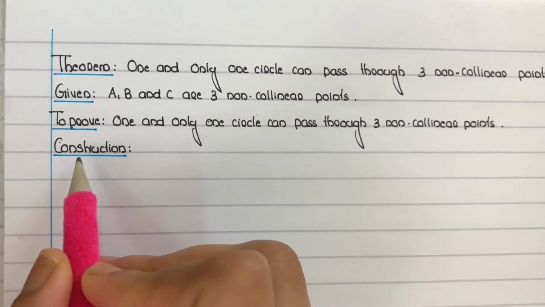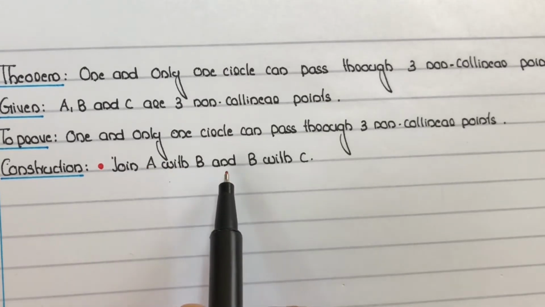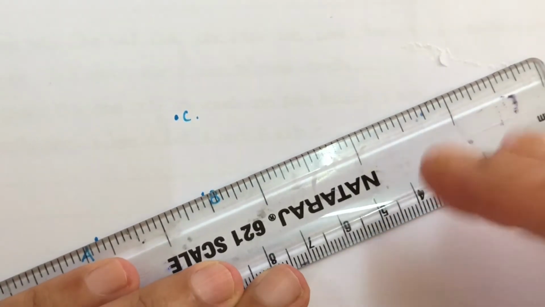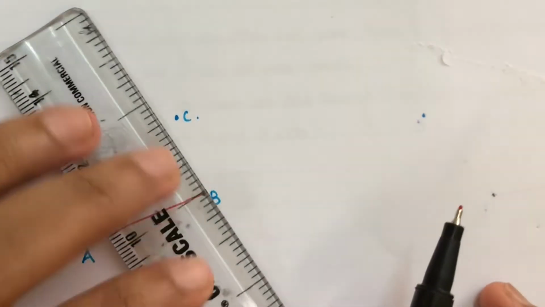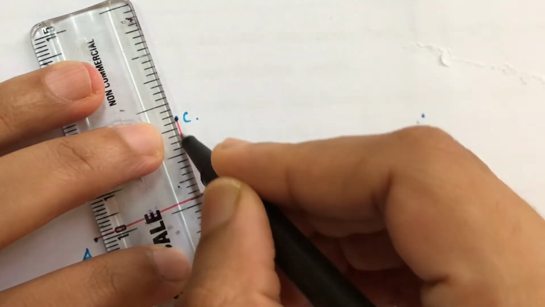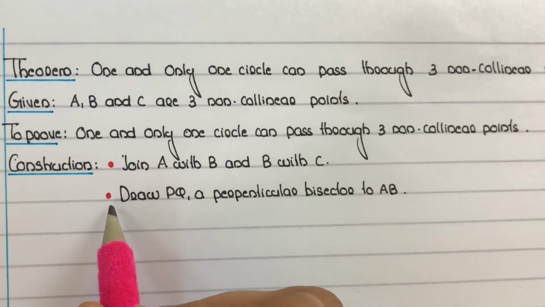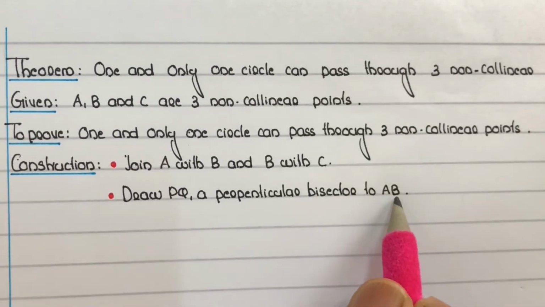Next step, construction. First, join A with B and B with C. Second construction, draw PQ, a perpendicular bisector to AB.